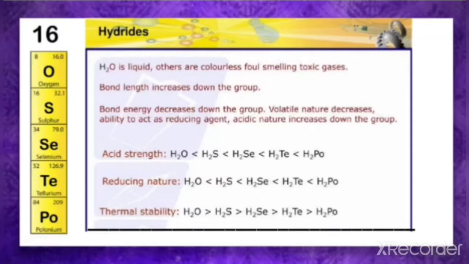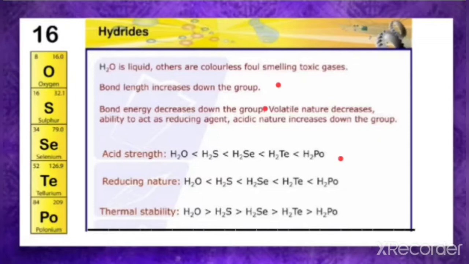As the bond length increases down the group, the bond dissociation enthalpy decreases down the group. So when you compare the acidic strength, it is in this order.